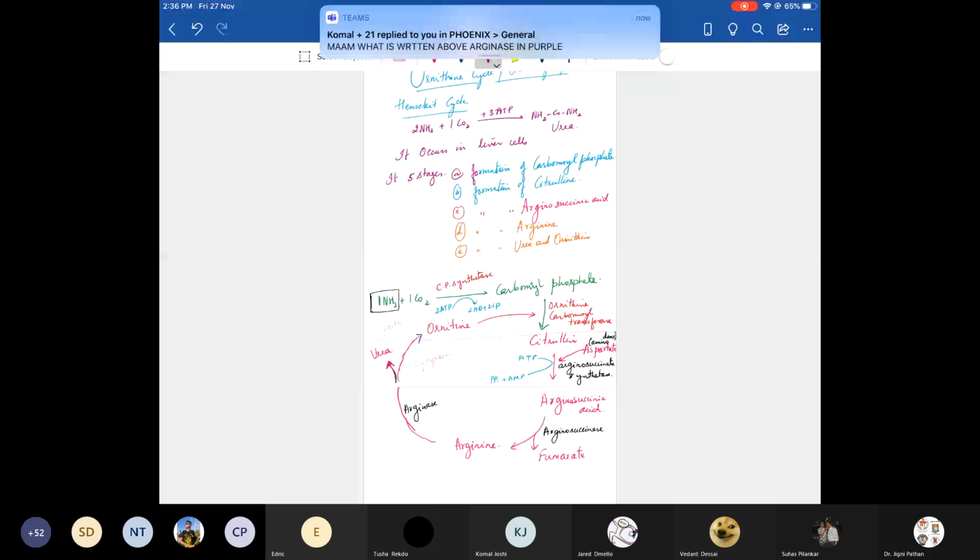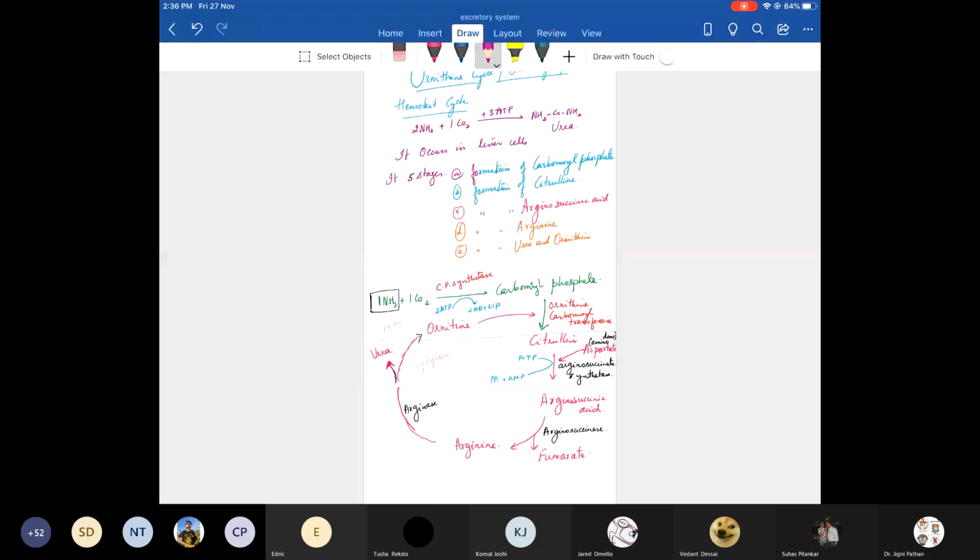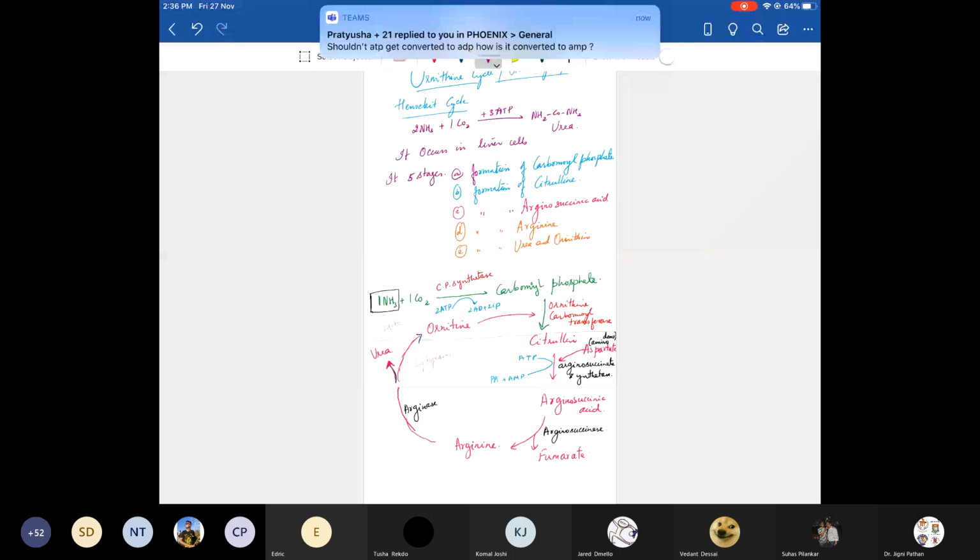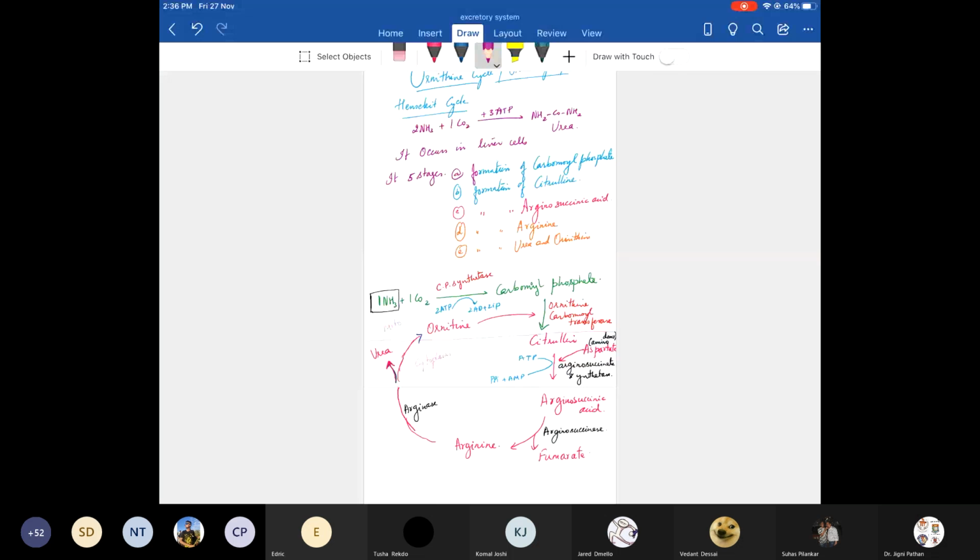Aspartate is the amino donor, arginase, cytoplasm of the cell. This cycle happens in liver cells. One part is in the mitochondria, the other is in the cytoplasm.